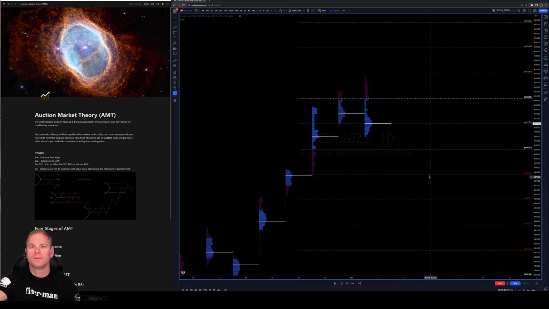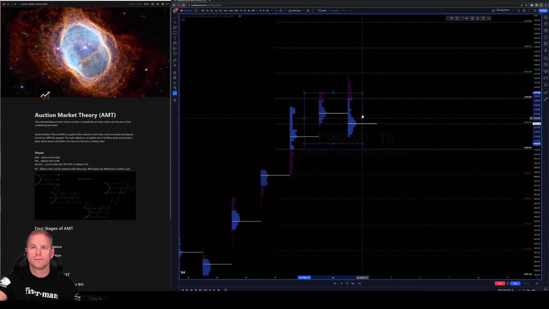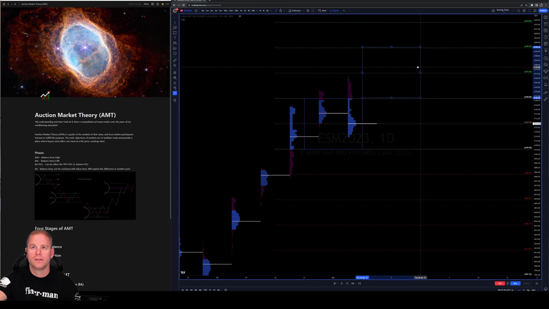So what this is showing you, if I draw a box around this again, and make a clone of this box and move it, it's showing you the rotations outside of this balance area.